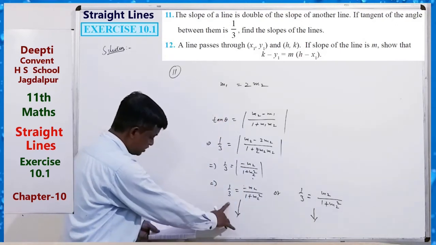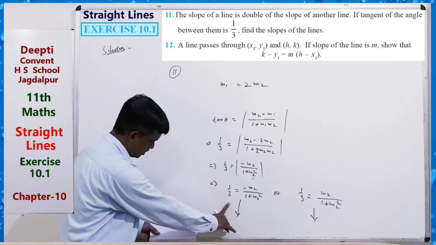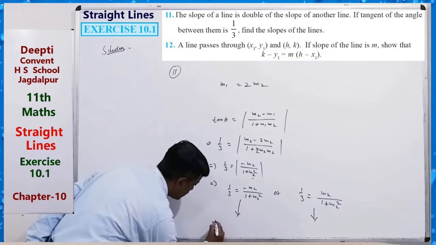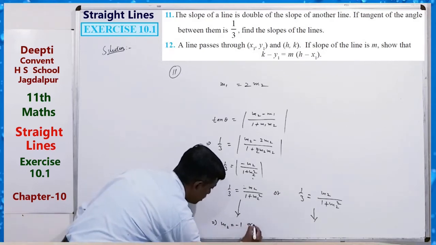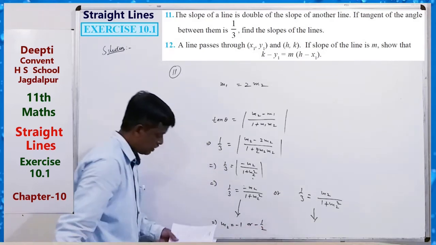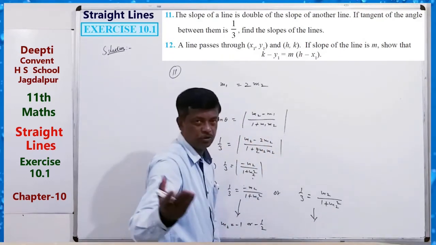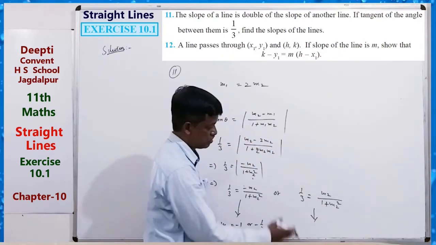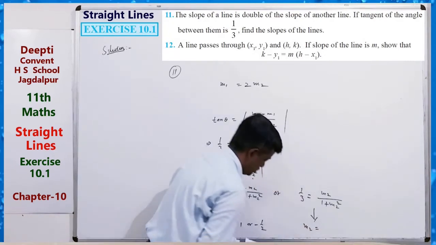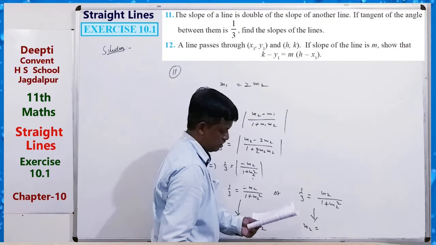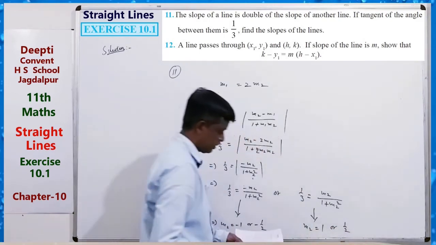By taking this, we get m2 equals minus 1 or minus half. Clear? And by taking this quadratic equation, you can solve it by factorization. So here m2 equals 1 or half. Okay.